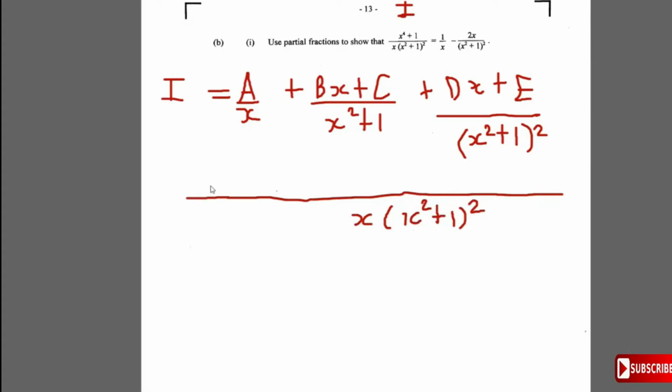So it's going to work out to be A times (x squared plus 1) all squared, plus this into this leaves x times (x squared plus 1), so plus (Bx plus C) times x, so it's (Bx plus C) times (x squared plus 1).